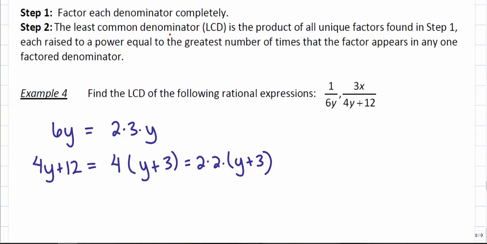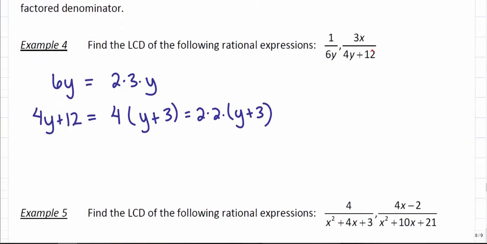Completely broke them down. Then step 2 has this long sentence. It says the least common denominator is the product of all unique factors found in step 1, each raised to a power equal to the greatest number of times that the factor appears in any one factored denominator.